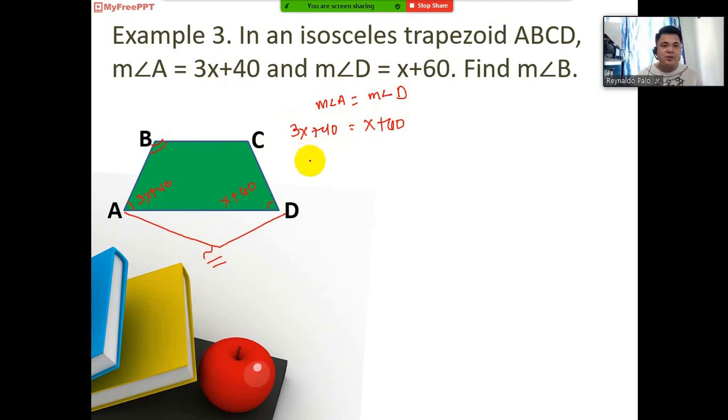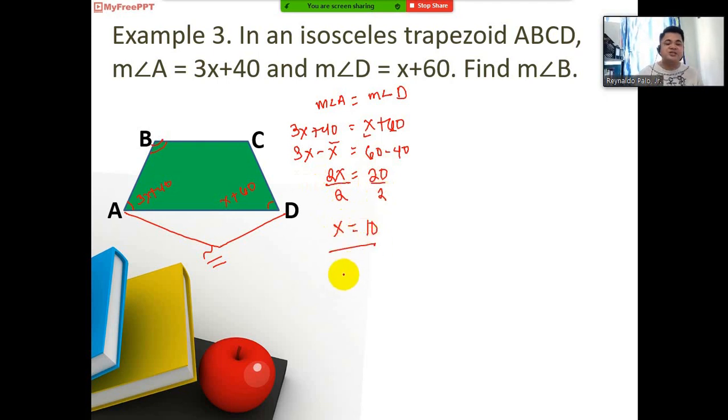Applying the addition property of equality, we combine the similar terms. 3x and the opposite of x is negative x, equals, bring down 60. The opposite of 40 is negative 40. 3x minus x is 2x equals 60 minus 40 is 20. To solve for the value of x, divide both sides by 2. Therefore, x is equal to 10.